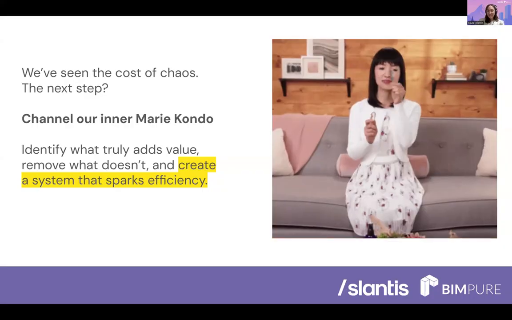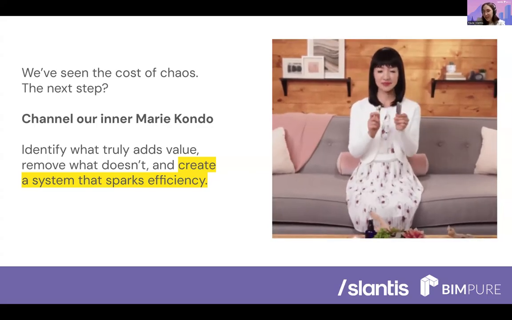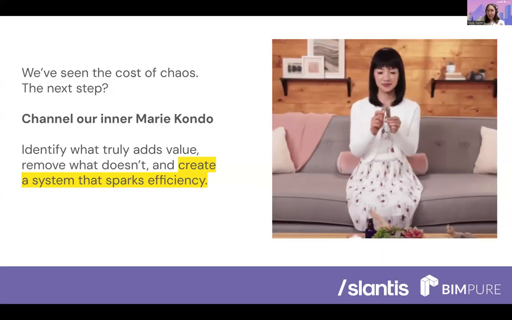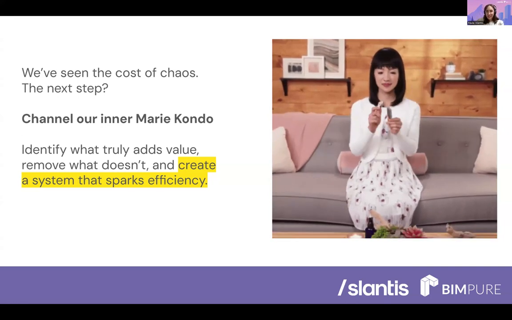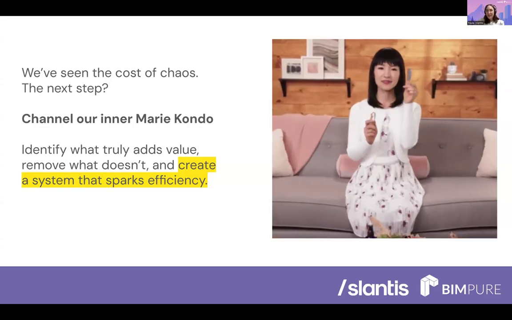But the idea is that she tells you, okay, you have to grab that piece of clothing and think about, does this bring me joy? And if it doesn't, and if you're not using it for a while, you are probably going to let it go. So donate them. If it's broken, throw it out. But it's like a system to know which things to keep. And she's very much a minimalist, so she keeps only a little part of everything.